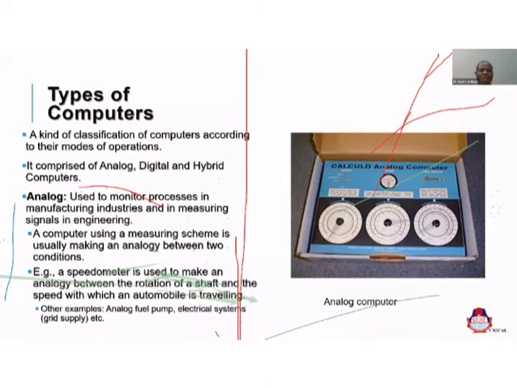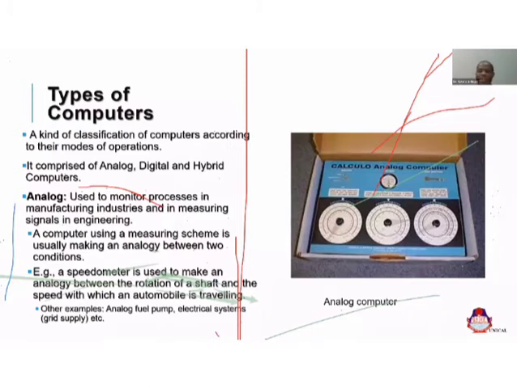A computer using a measuring scheme is usually making an analogy between 2 conditions. For example, a speedometer is used to make an analogy between the rotation of the shaft of the tire and the speed with which that vehicle is traveling.